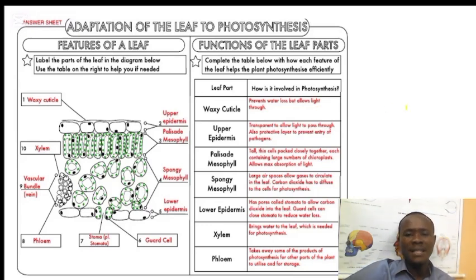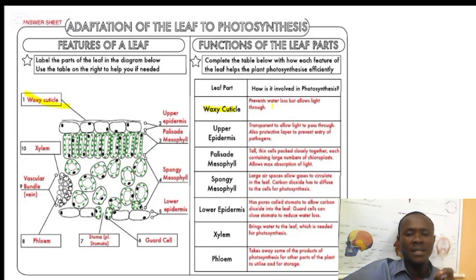So let's start with the first one here, which we call the waxy cuticle. Now this waxy cuticle prevents water loss but allows light to pass through. Mind you, we need water for photosynthesis to occur, as it is one of the raw materials that we use in the process.